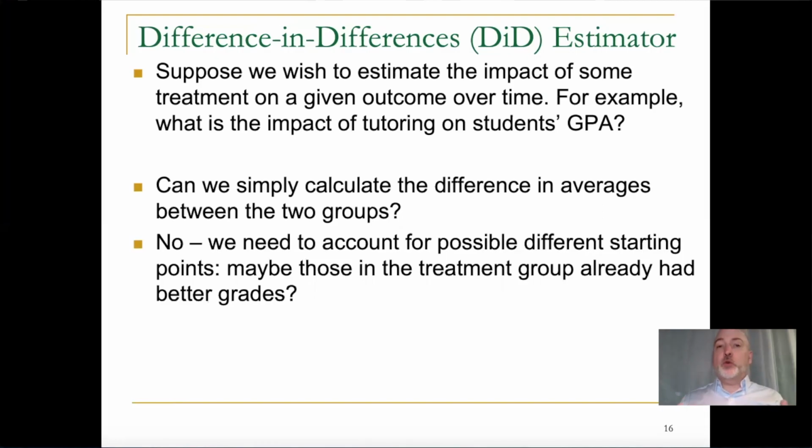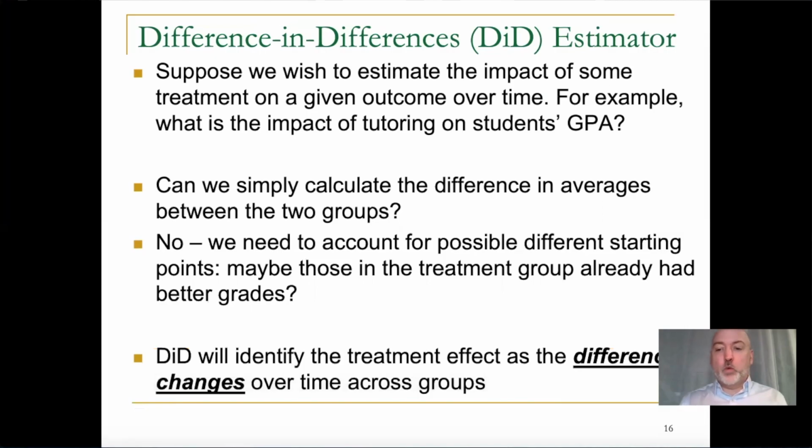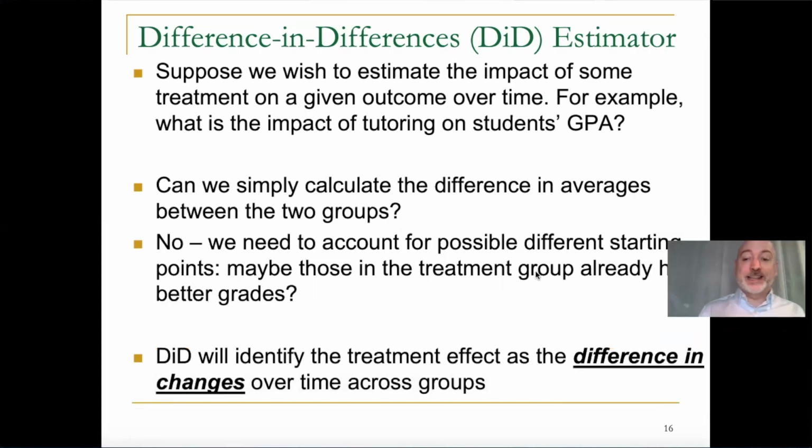Unless we know that we're starting from a level playing field, the difference between outcomes in the treated versus the control group after treatment isn't necessarily going to accurately capture the effect of treatment. So what we want to look at, hence the name of our topic, is the difference in the changes, or the difference in the paths over time, from pre-treatment to post-treatment across the two groups.